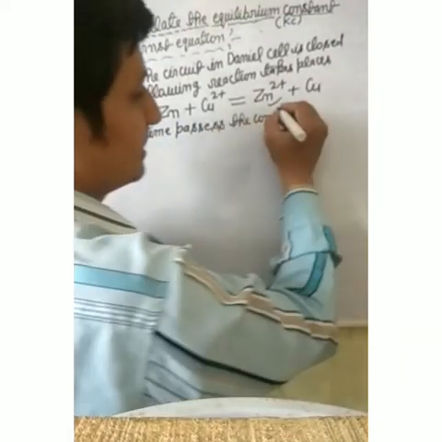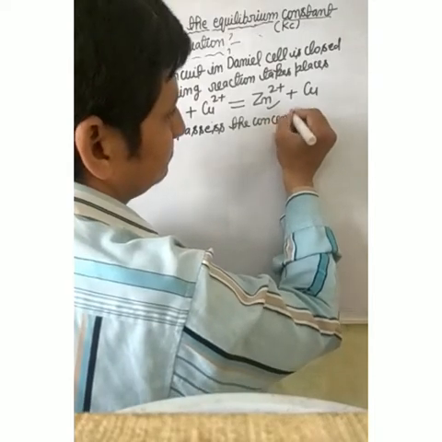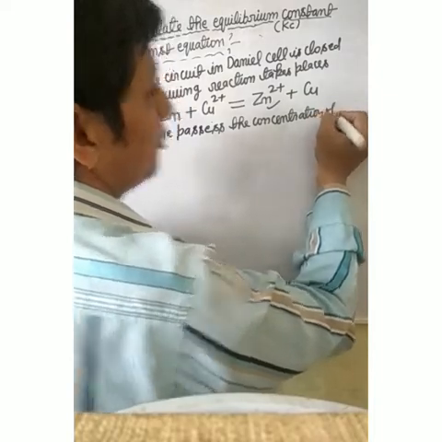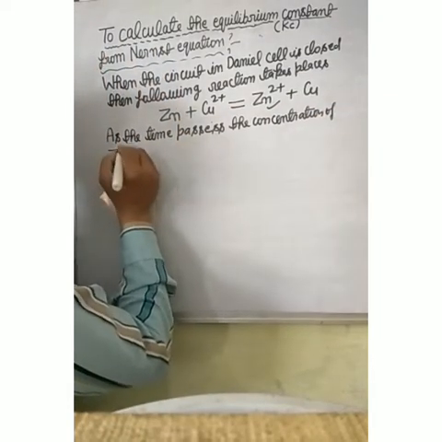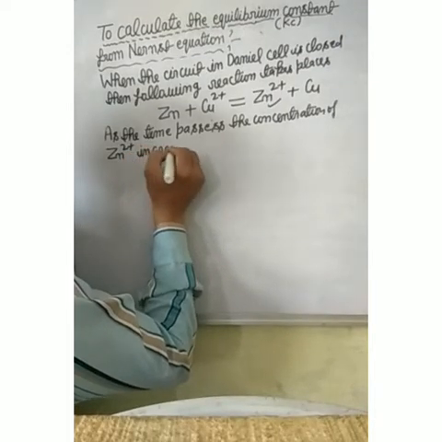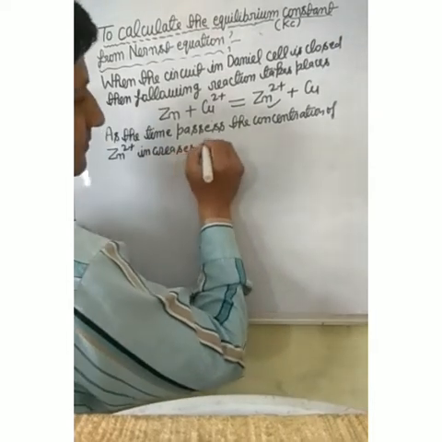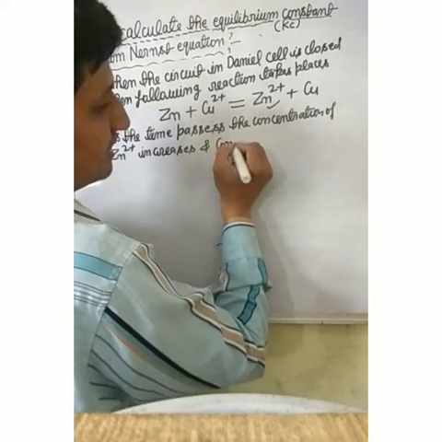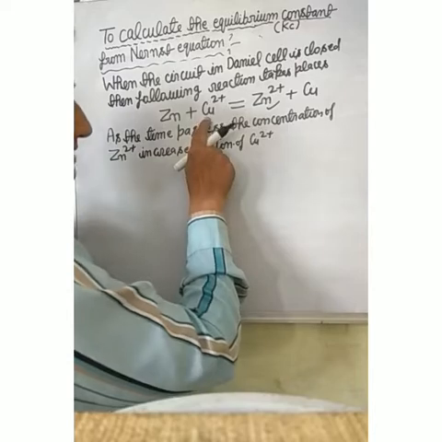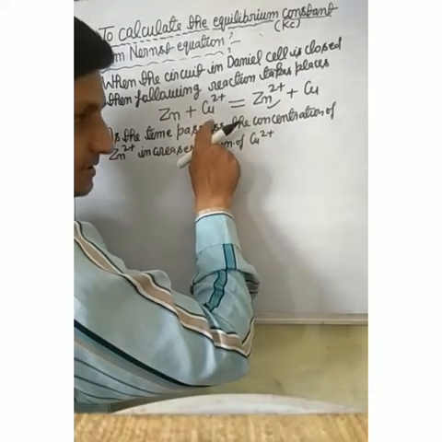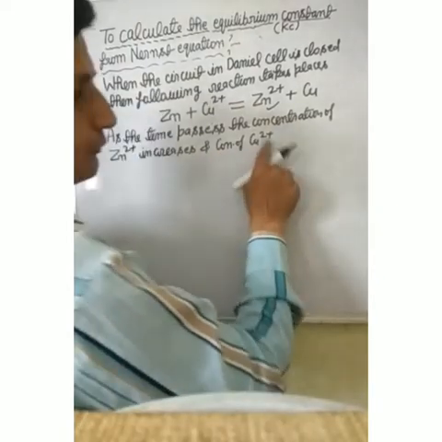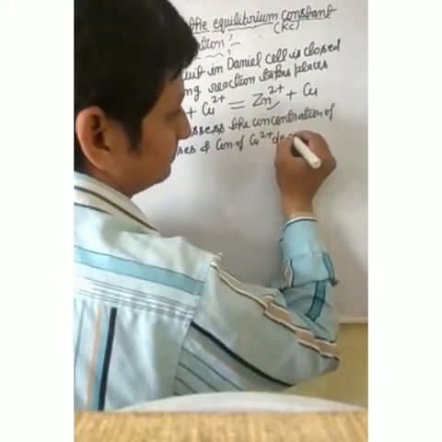And the concentration of copper ion: in the reactant copper ion is present, but in the product copper ion is not present, so we can say concentration of copper ion decreases.